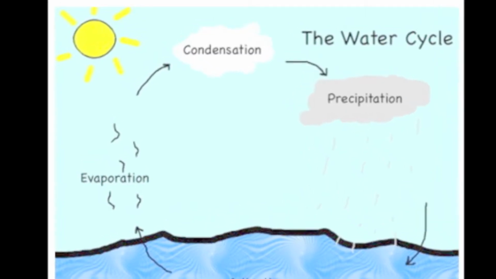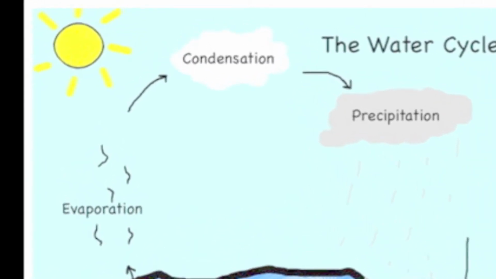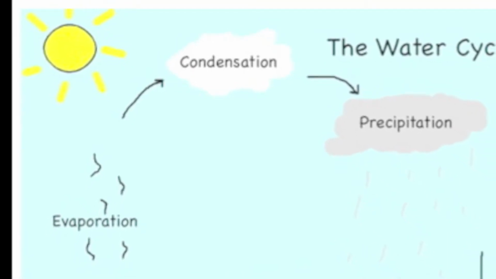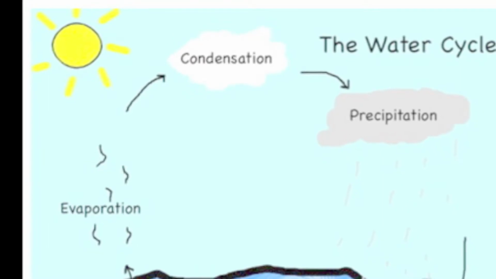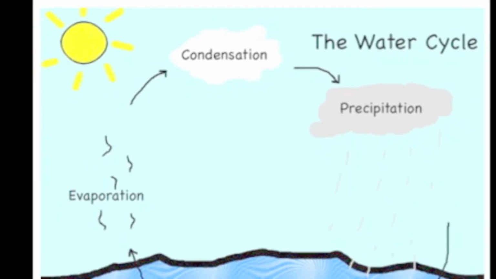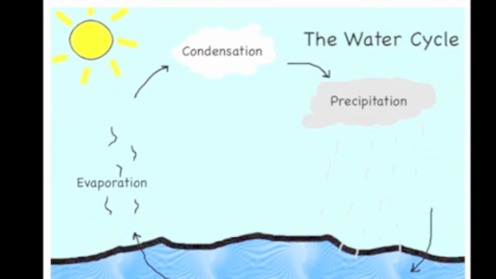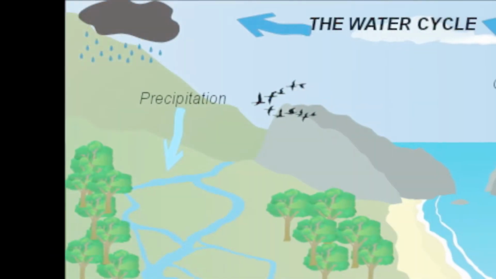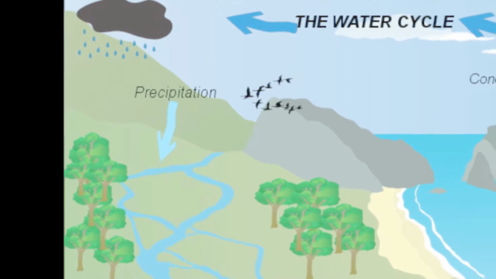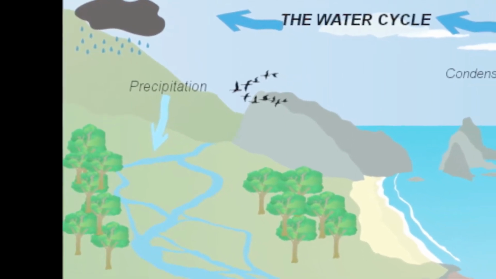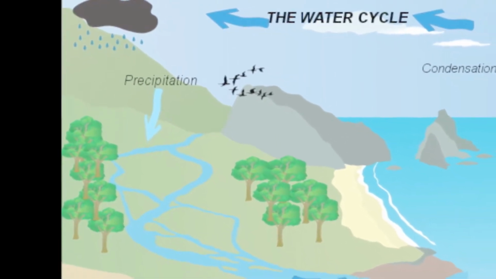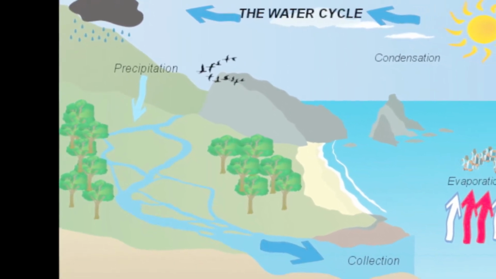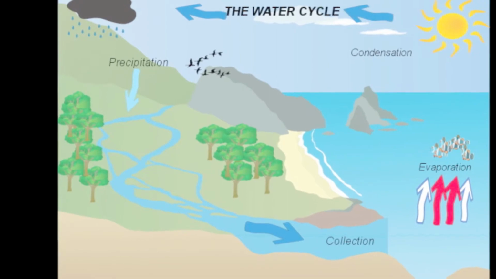The water vapor then forms clouds in the process called condensation. The clouds condense back into water droplets, where the droplets become so dense in the clouds that the force of gravity pulls them back towards the Earth in the form of precipitation. The water is then transported through soil, land, lakes, streams, and other bodies of water through collection, and the cycle repeats all over again. Let's break down each of these 4 stages some more.